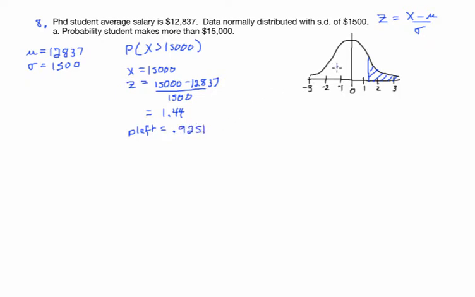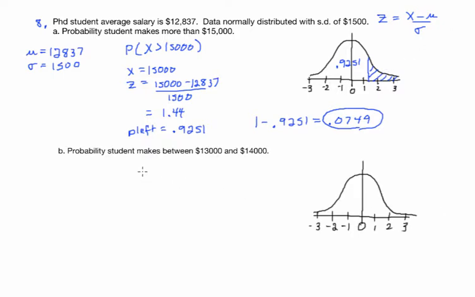So I know that this area, the area to the left of that z-score, is 0.9251. So that means I want to know this area, so I'll do 1 minus that. About 7%, 7.5% chance that the student will make over $15,000.